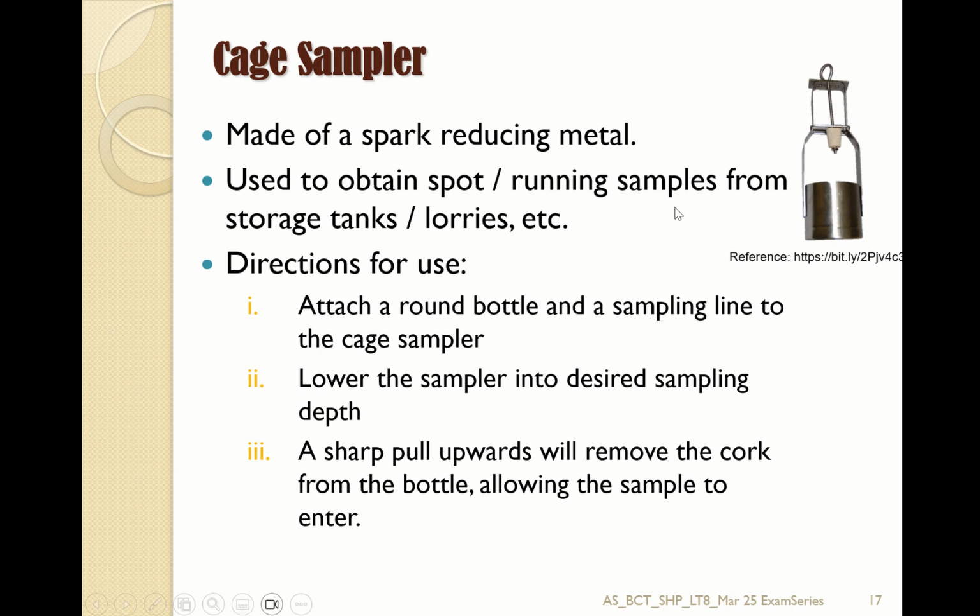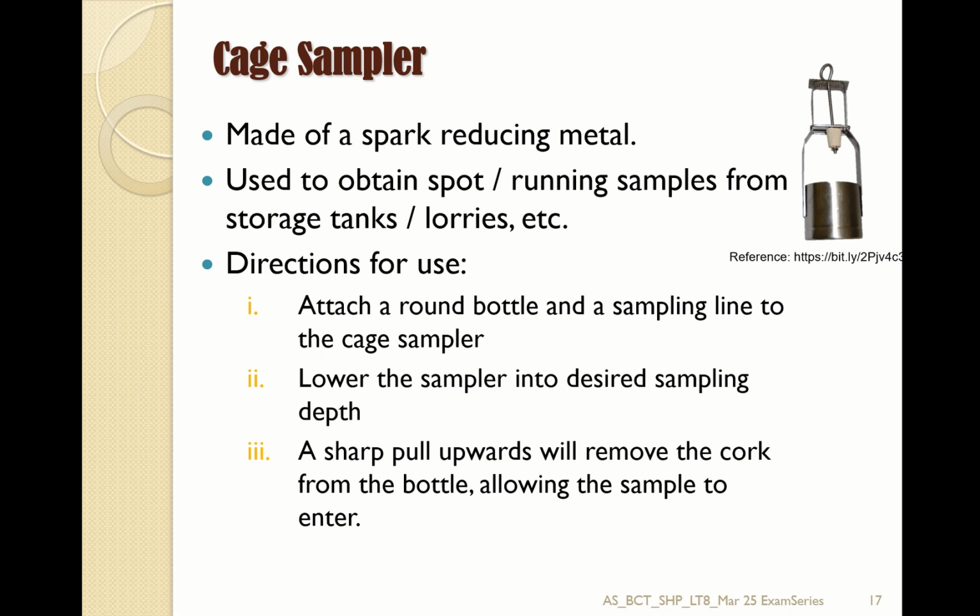This one can be used in any situation that we saw just now, from spot sampling to running sample. It can be in a storage tank, can be lorries, et cetera. So very simple. Just attach your bottle here, and then attach some kind of line or rope or string on top here. Then you lower it to your desired depth, how deep you want it to be.